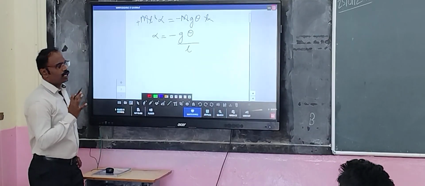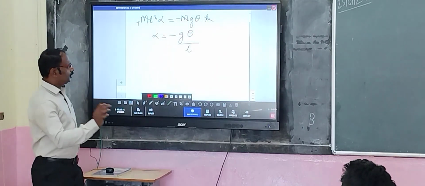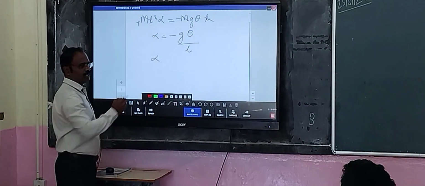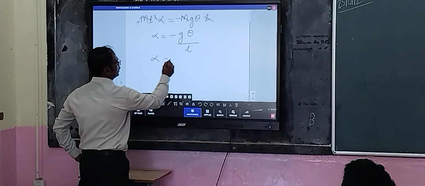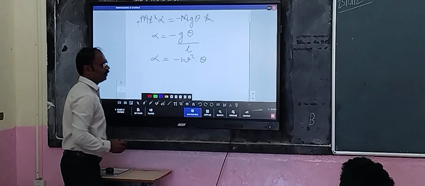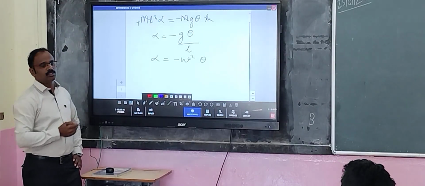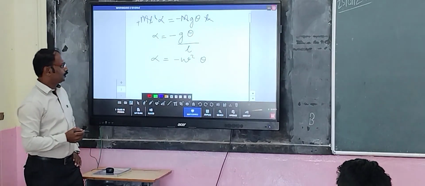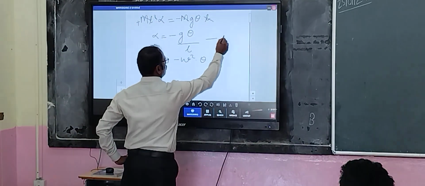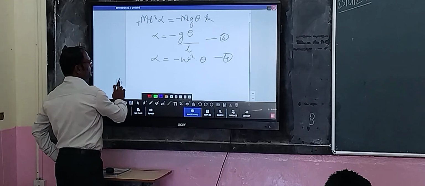In the case of simple harmonic motion, the equation for alpha, that is acceleration, is equal to minus omega square theta, where omega is called the angular velocity and theta is called the angular displacement. Now this is equation number 3 and this is equation number 4. We can equate equations 3 and 4.